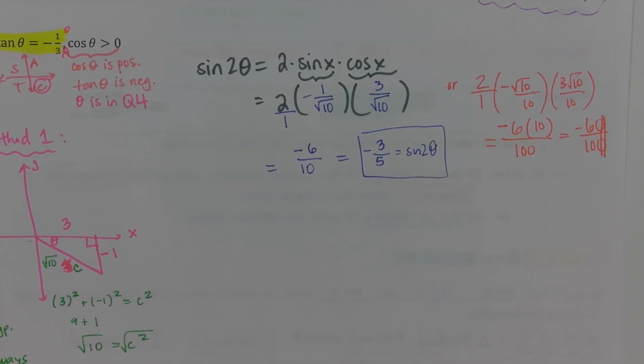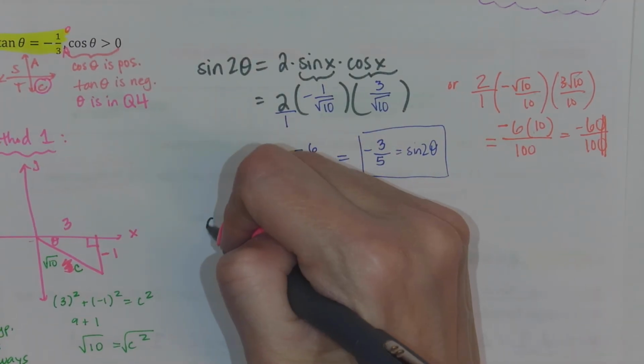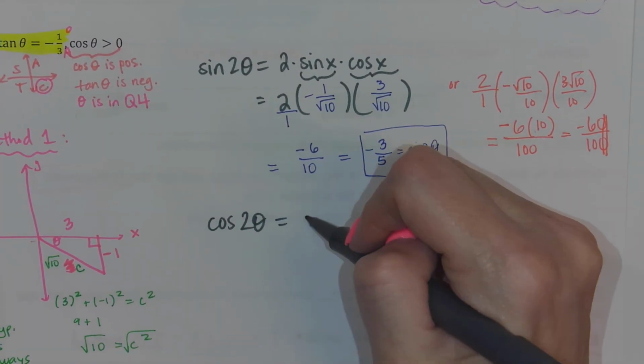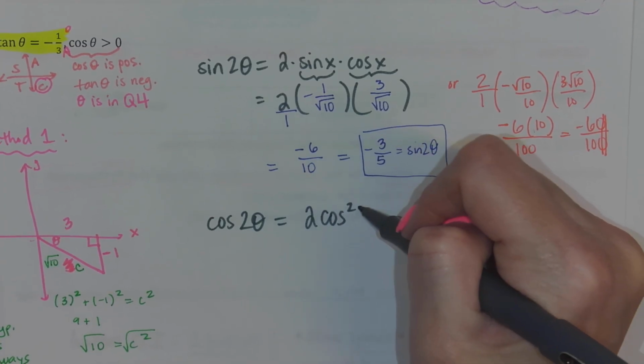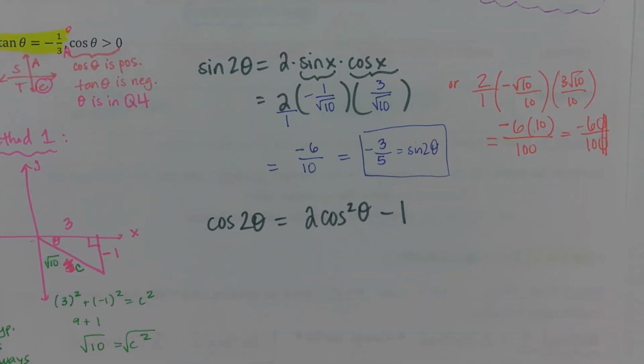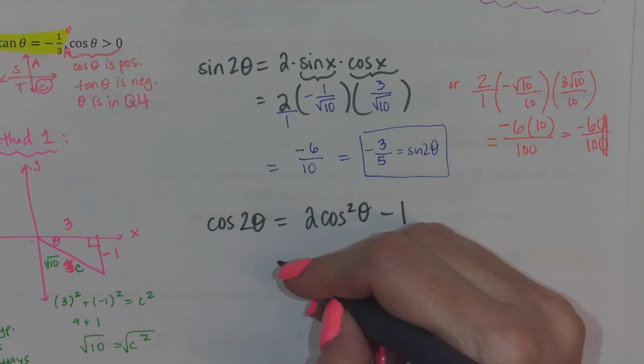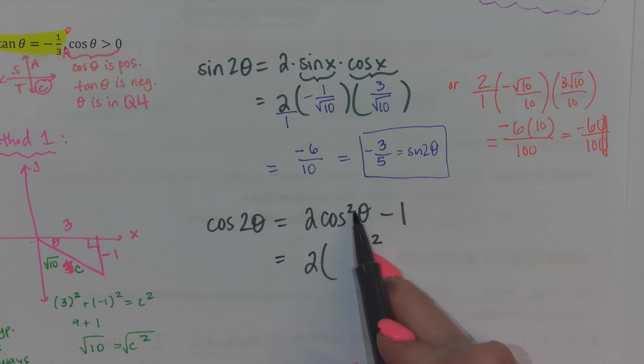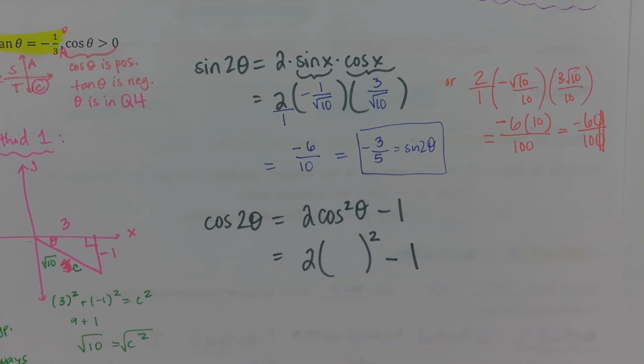Okay, again for cosine, you have options. You can pick your favorite cosine equation. I'm going to do 2 cosine squared minus 1 just to show you a different equation for this. Okay, and if it's cosine squared, we're going to have to square that, and we're going to have to follow our order of operations.